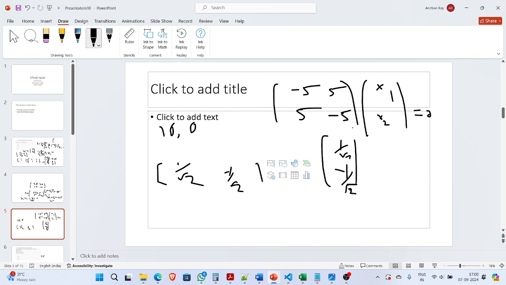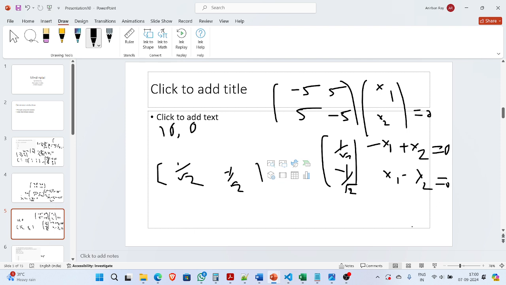As you can see, these are just the opposite of each other. So to better show you, it will be minus x1 plus x2 equals 0, and x1 minus x2 equals 0.